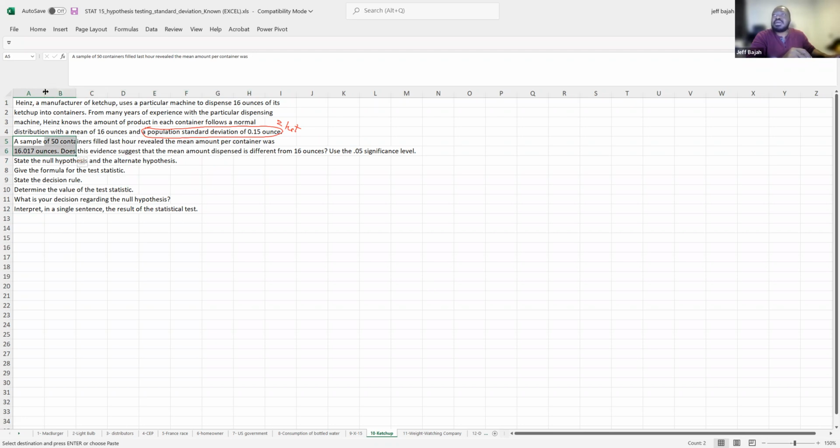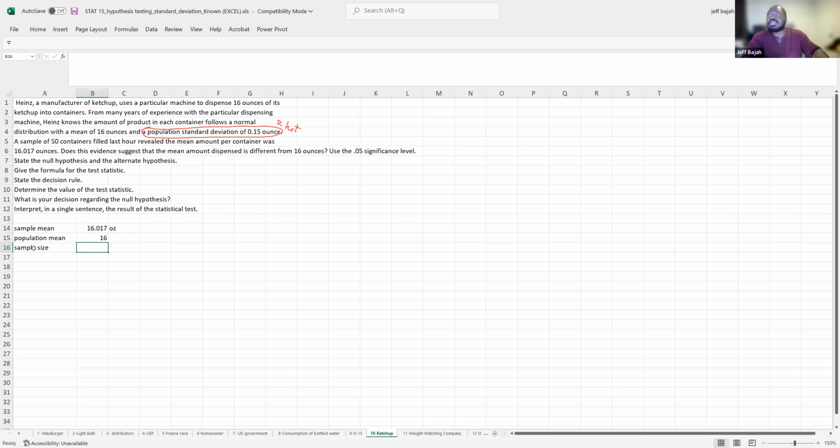So we can start working on this. Our first thing is to write down what we know. We know the sample mean is 16.017 ounce, the population mean is 16 ounce, and the sample size is 50.